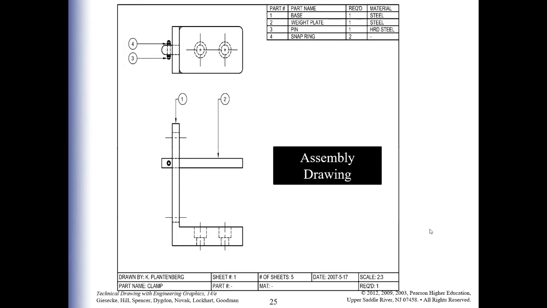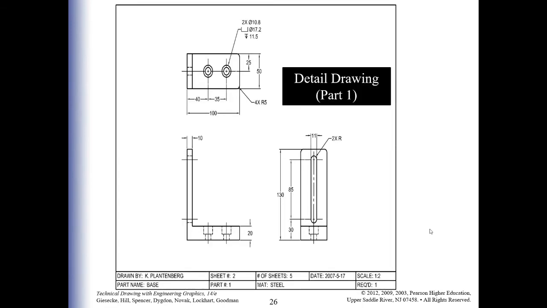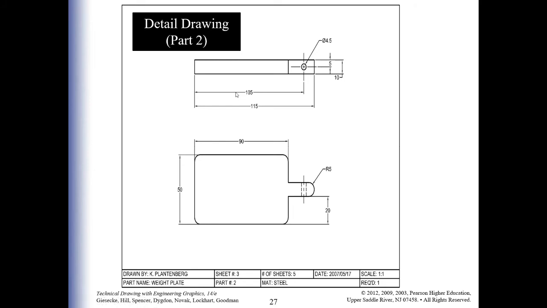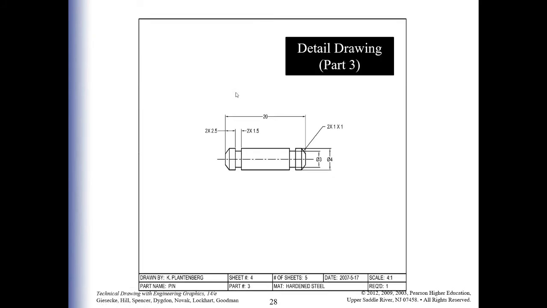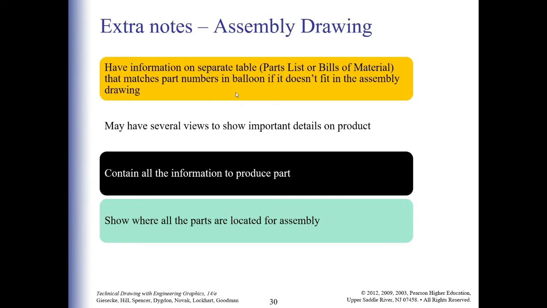This can be explained as an assembly drawing, but for a detailed drawing, you need to add the dimensions as well. This is an example of a detailed drawing shown in both parts, all parts.